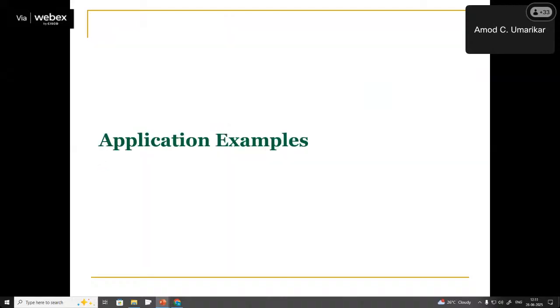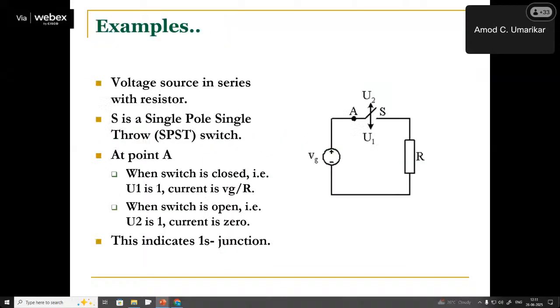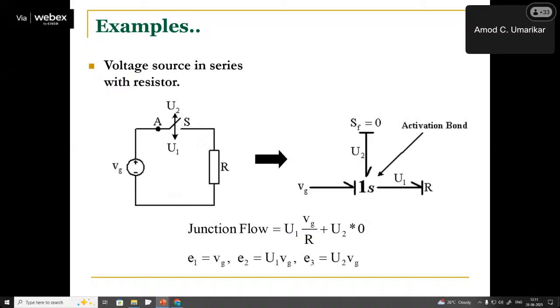Okay. So now what are the applications? Take a voltage source in series with a resistor. So with U1 and U2, you can model this with an activation bond. U2 is SF 0, that is, current is 0.